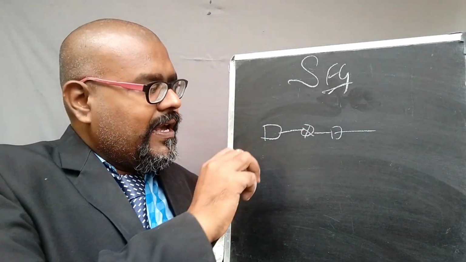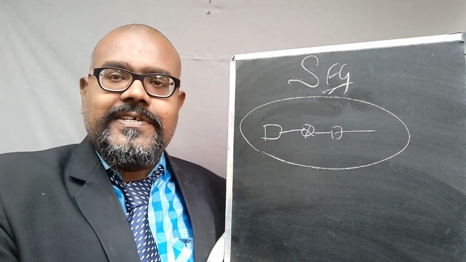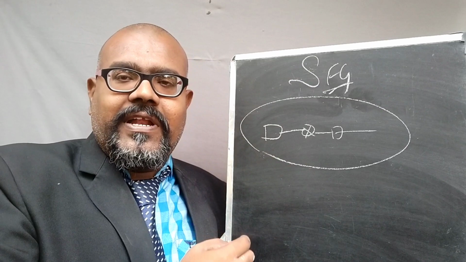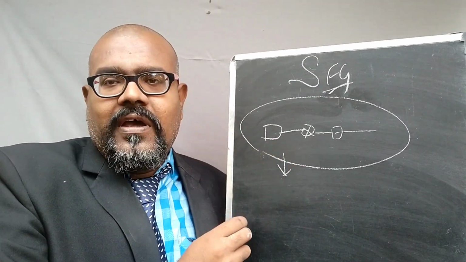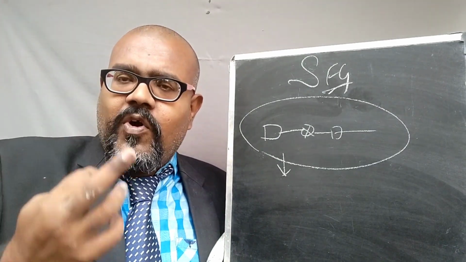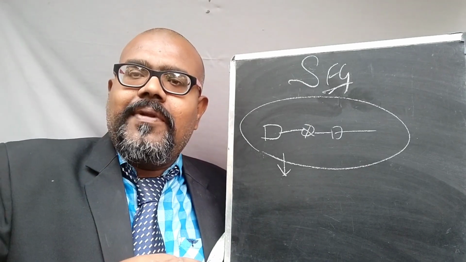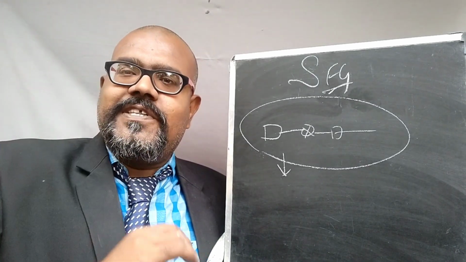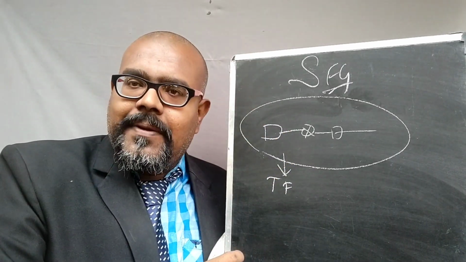The disadvantage of block diagram reduction is that once you apply the rules, it is very difficult, because many people get confused whether to move the branch point ahead of the block or the summing point behind the block, like that. So many confusions are there. So it is very difficult to determine the transfer function using the block diagram representation.